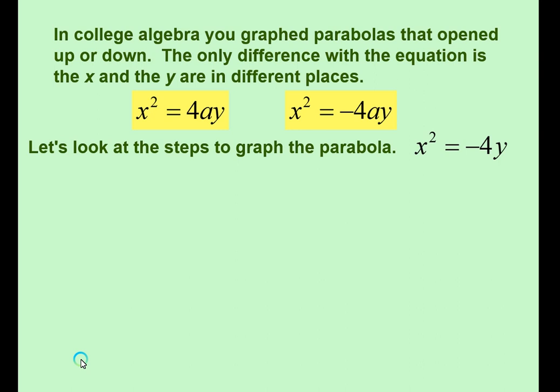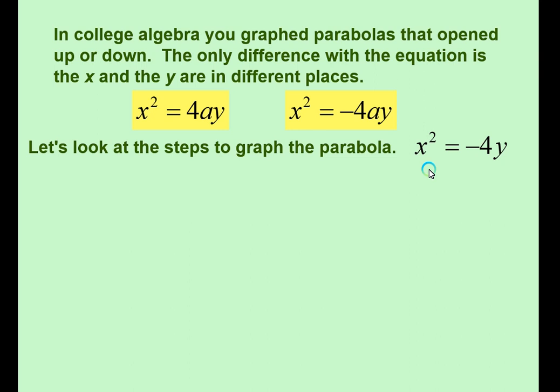So let's look at the steps to graph the parabola. Take note this time, the squared variable is x. Therefore, you have two values of x for one value of y. So we know that this parabola is either opening upward or opening downward. If x is squared, your graph is opening vertically, either upward or downward.